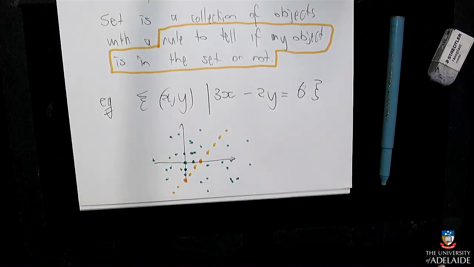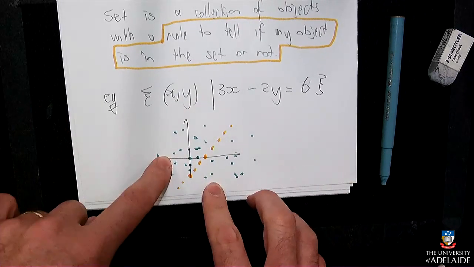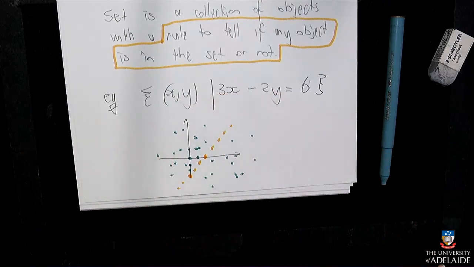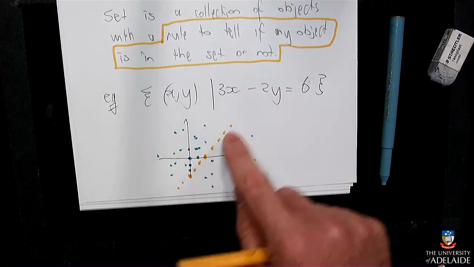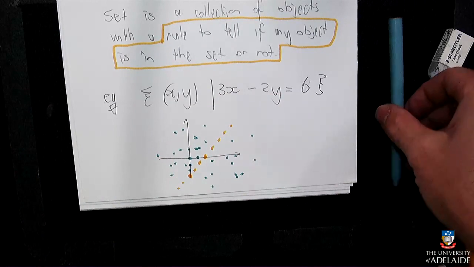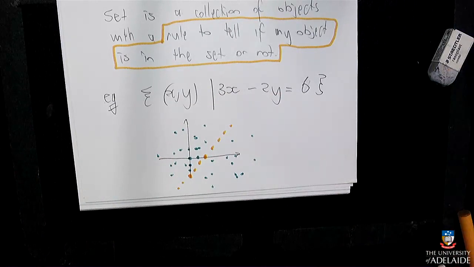And so we can find our set, though it's a very poor way of finding a set, by colouring in all the points that satisfy the rule. So every point out here produces a number when I do this formula that isn't 6, and only the ones on this line produce the number that is 6. Okay, now it's not a particularly good way of making a set.